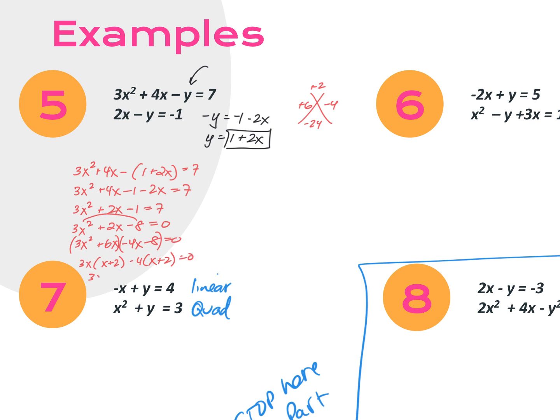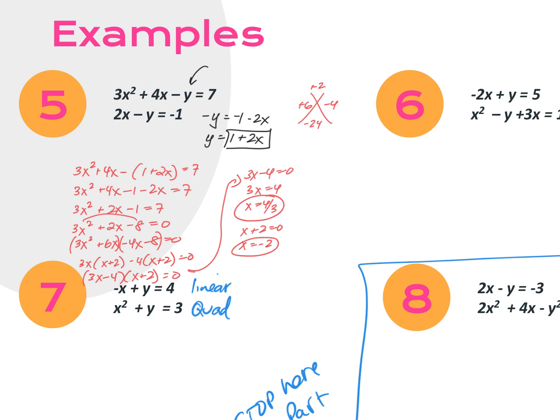So my factors are 3x minus 4 and x plus 2 equals 0. So 3x minus 4 equals 0, so 3x equals 4, x equals 4/3. And the other one is x plus 2 equals 0, so x equals -2.